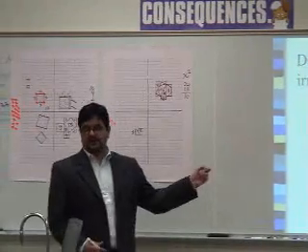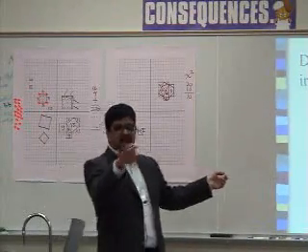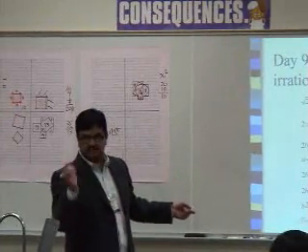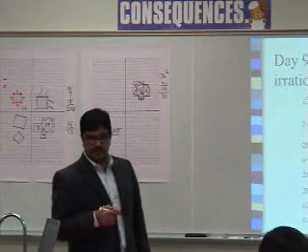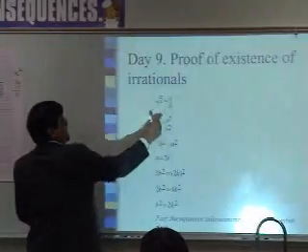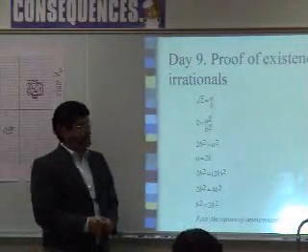Let me go through the proof. Proof by contradiction, accessible to average algebra students. Meaning algebra 1A1, 1A2 students, they should be able to follow you. Okay? The square root of 2 equals a over b, a fraction. Let's pretend that's true.